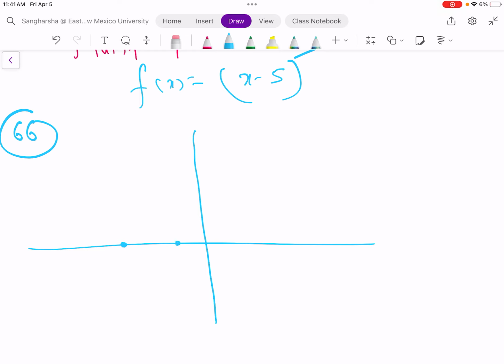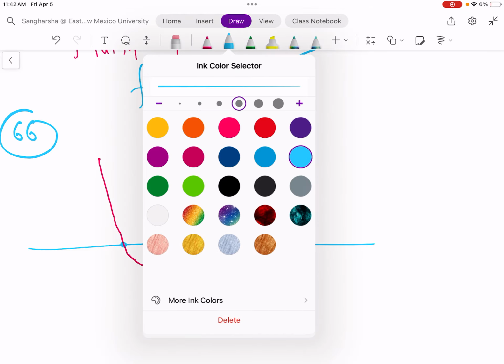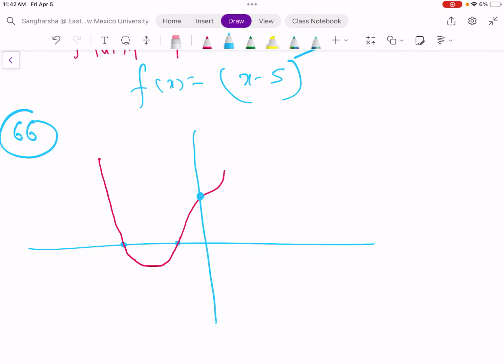It is decreasing, crosses the x-axis, crosses this x-axis, then crosses the y-axis. So this is -3, this is -1, this is +5. And you are asked to write down the x-intercepts for this function. Can you tell me what are the x-intercepts?